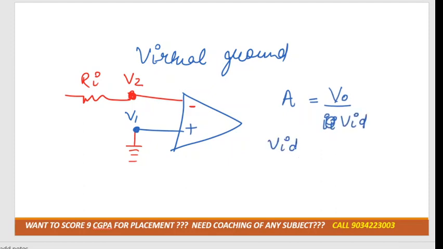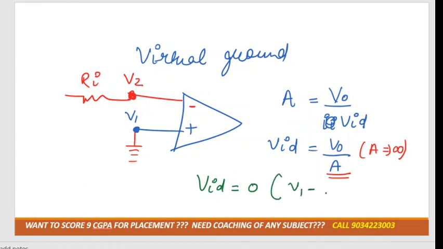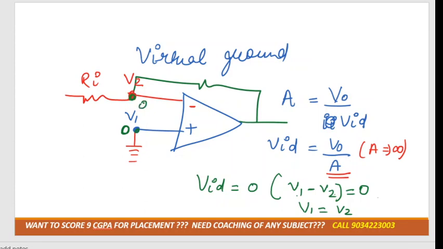So can I write VID is equal to V naught divided by A? And for an ideal op-amp, A would be equal to infinity. If A is infinity, then the difference in the two voltages would be 0, right? So V1 minus V2 is equal to 0, which means V1 is equal to V2. According to the virtual ground concept, if at this point the voltage is 0, then at this point also the voltage must be 0.